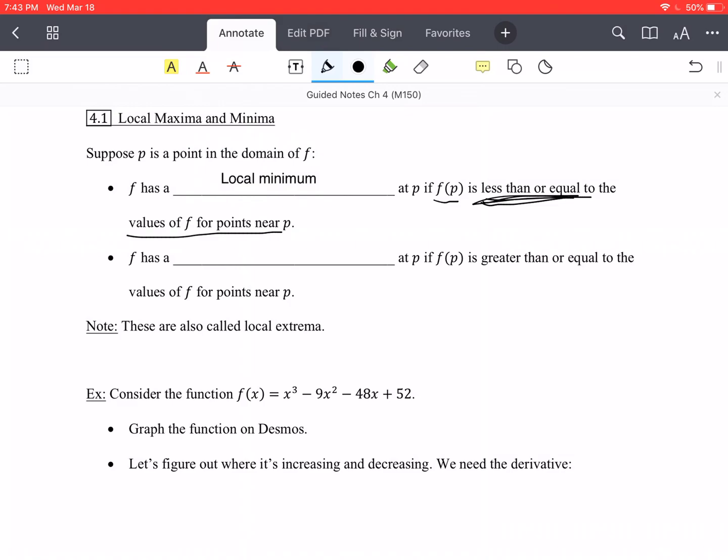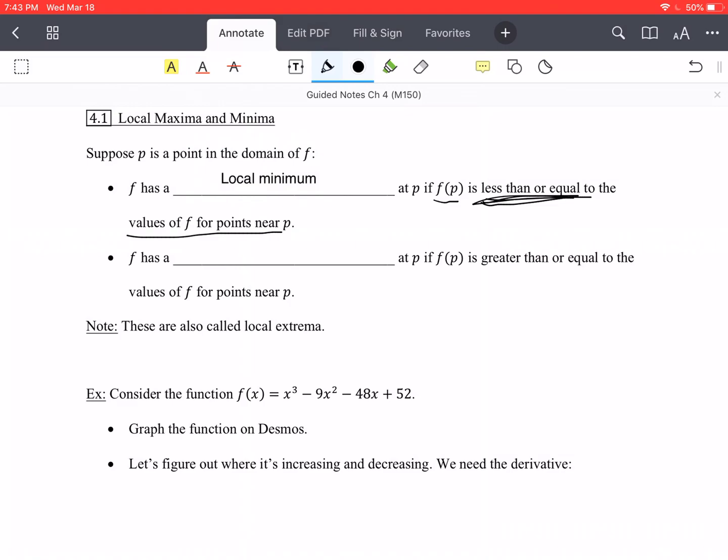The function value at P is smaller than everything else around it. That's what we mean when we say local minimum. So it's maybe not necessarily the smallest value of the whole function, but in its immediate vicinity, for everything around it, it is the smallest.